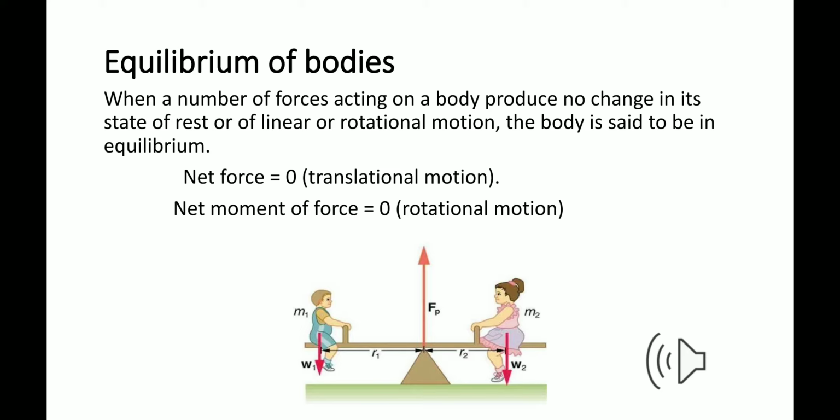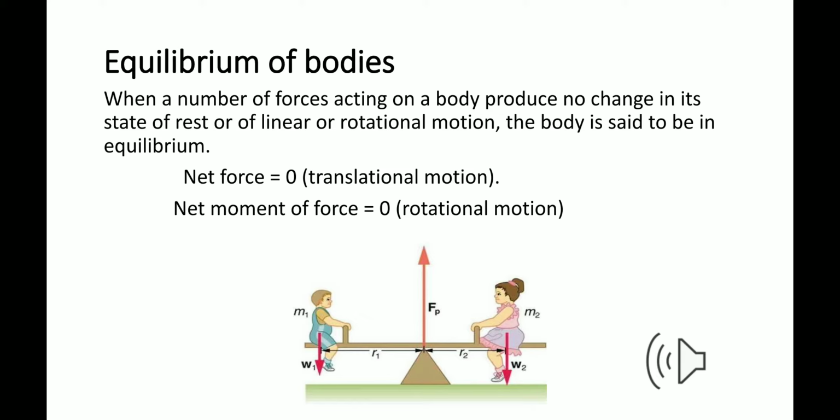Now, in equilibrium, if it is the case when the body is free to move in any direction, that is the translational case, and the net forces acting on the body become 0, in that case, the body will be said to be in equilibrium. And the next one, if it is the case of a rotational motion and net moment of force becomes 0, then it will be in equilibrium.